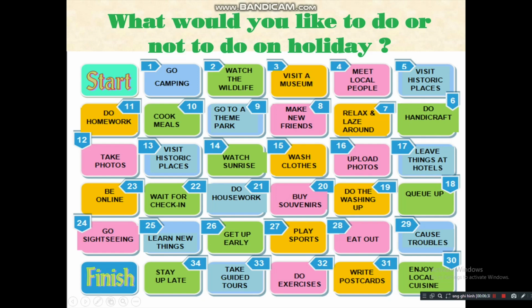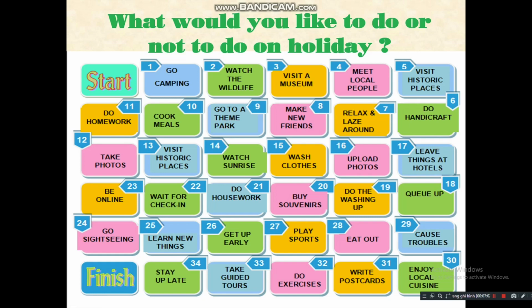The next day, I'll do handicraft and just spend time relaxing and lazing around. Or I can even make new friends in my neighborhood, or go to a theme park next. And lastly, I cook some meals for my family.